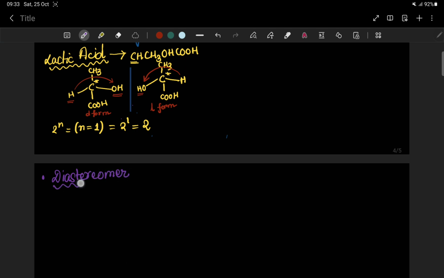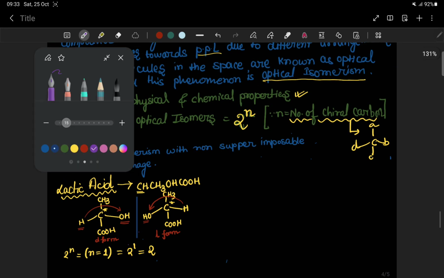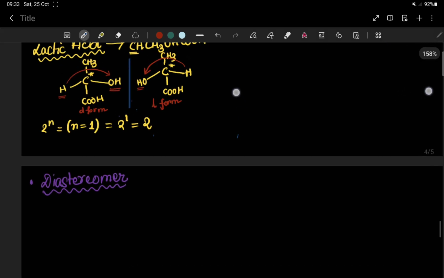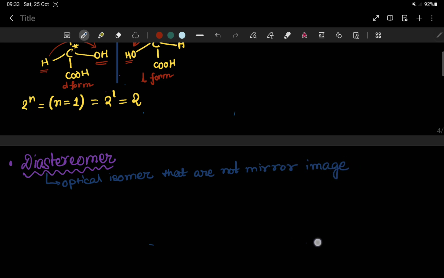Diastereomer can be written this way: optical isomers that are not mirror images of each other.